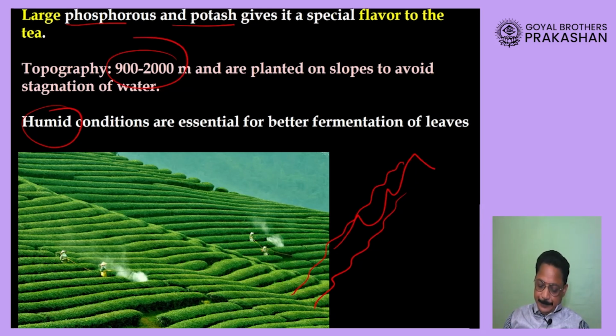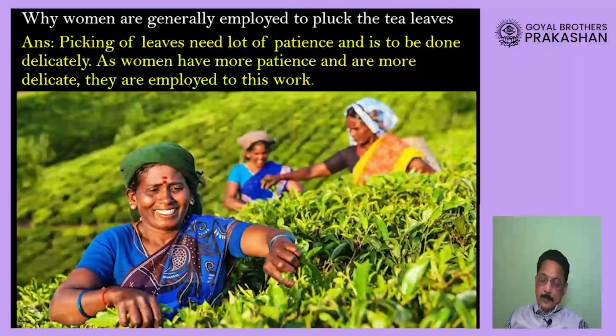Then, you must have seen that mainly women are employed to carry out plucking of the leaves. The reason, dear students, is that plucking these leaves is quite delicate work, and it requires a lot of patience. And because women have a lot of patience, women are generally employed for plucking the tea leaves.